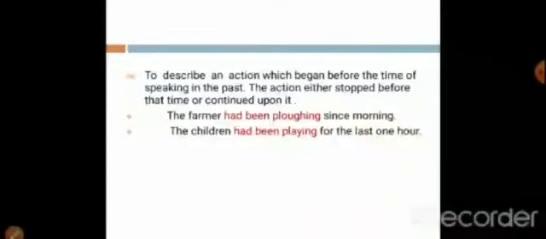The children had been playing for the last 1 hour. So for the last 1 hour, the action taking place was that of playing. I am speaking this now, but before that also the action was in continuation. It was happening.